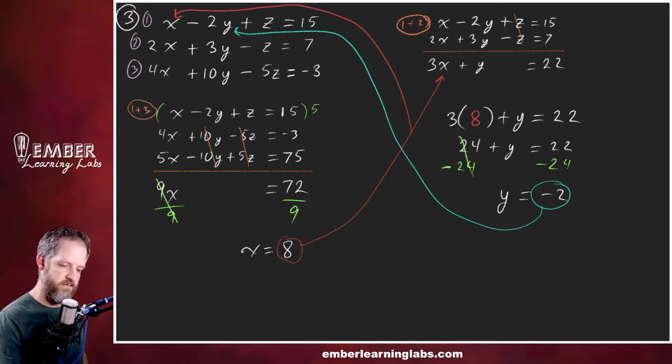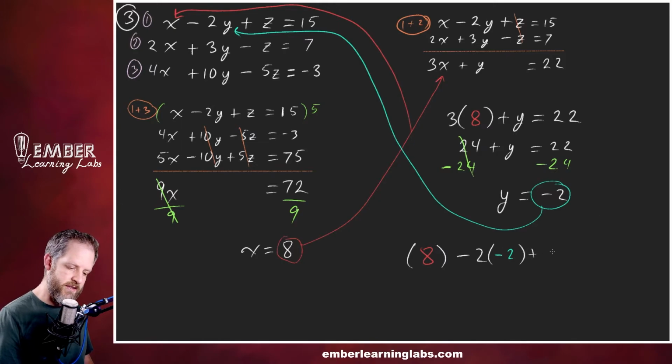So x is 8 minus 2 times, going to stick our y in there, plus z equals 15. Now let's simplify.